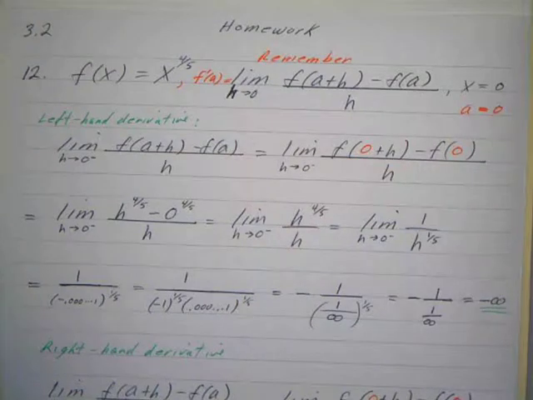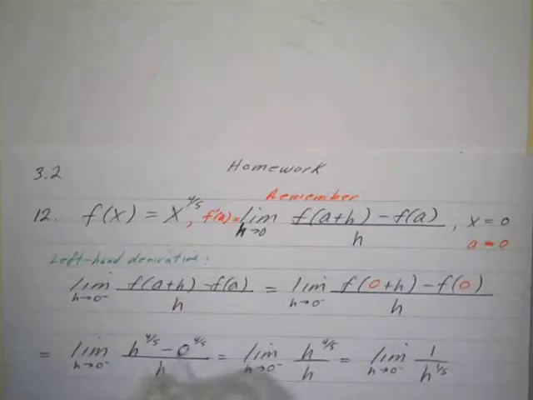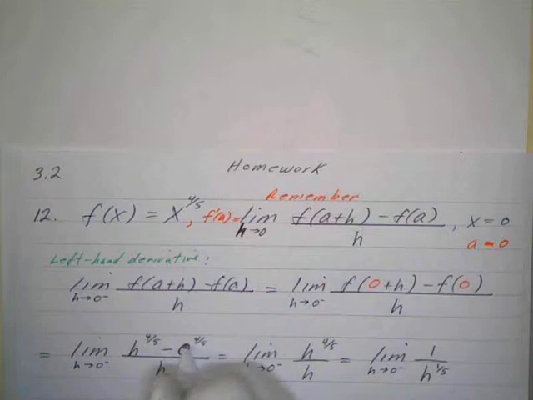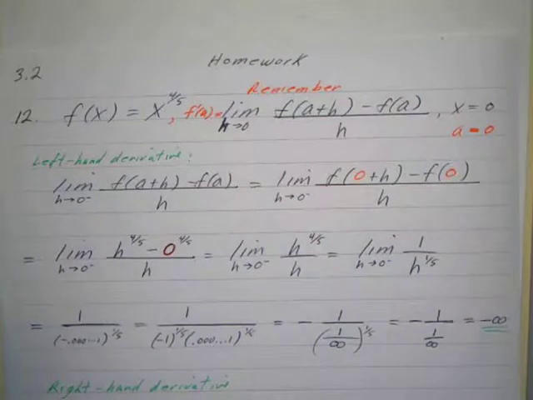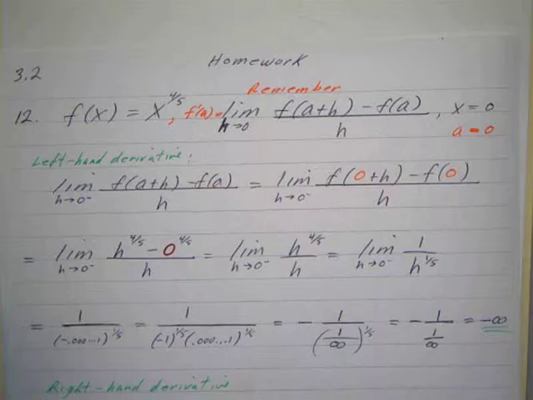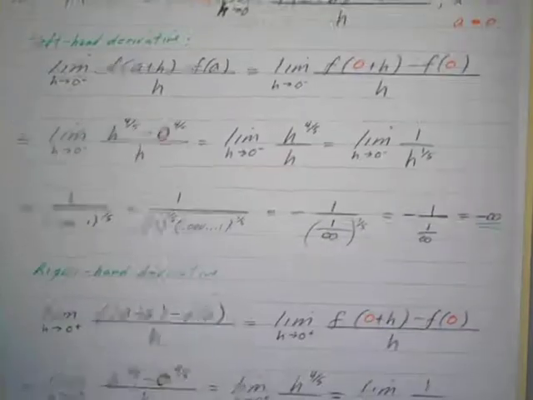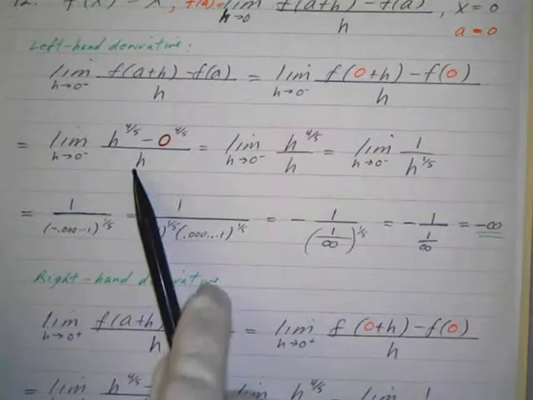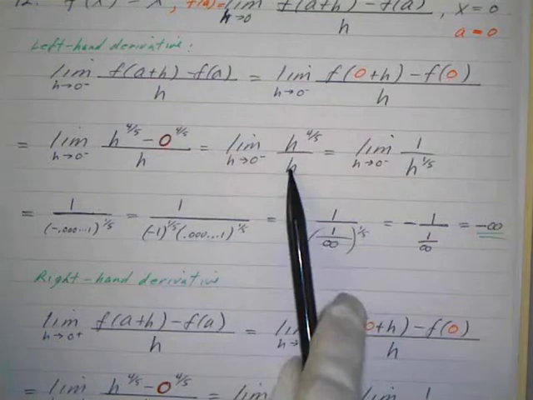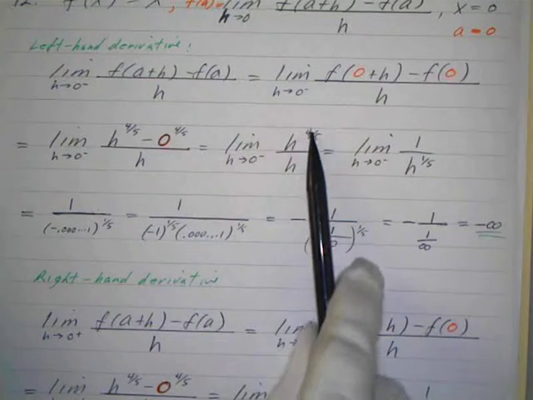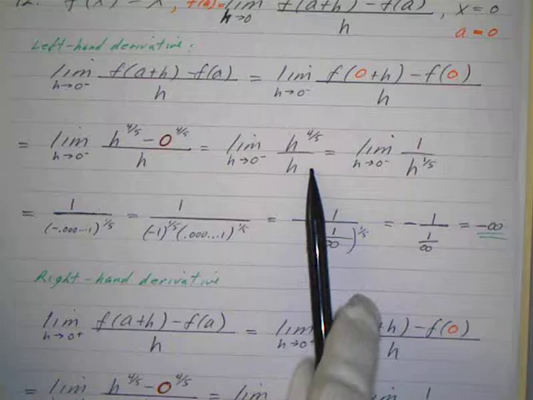Should have been an orange 0, sorry about that. Fix that. Okay, that's 0 to the 4/5 over h. So that's just 0, so that goes away anyway. So I've got h to the 4/5 over h, and if I bring this to the bottom, this would be h to the negative 4/5.